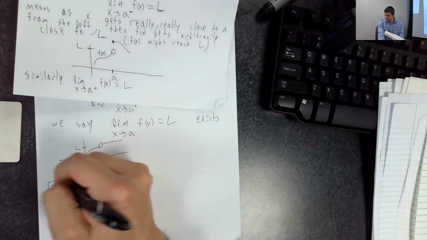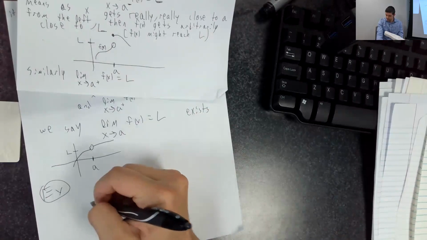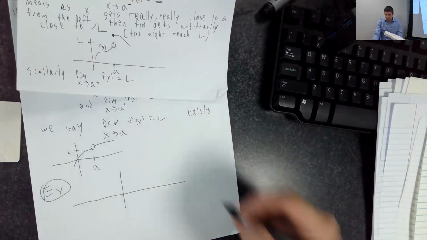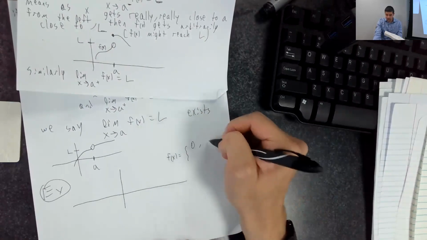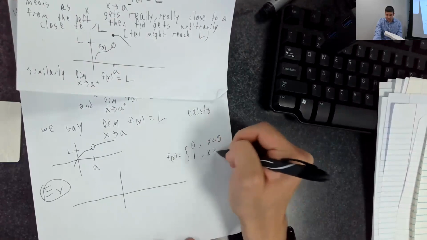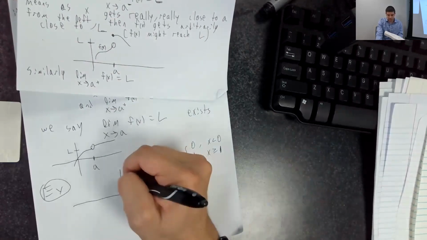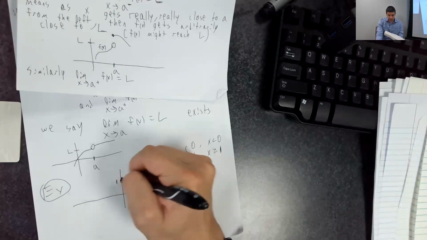First example, let's do another example. Okay, how about this one? This function, f of x, is equal to 0 for x less than 0, and it's equal to 1 for x greater than or equal to 0. So here's 1. This is how you graph it.